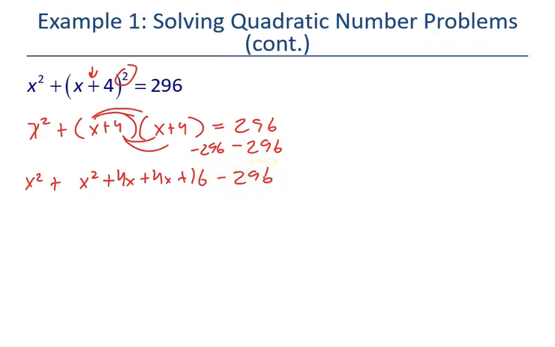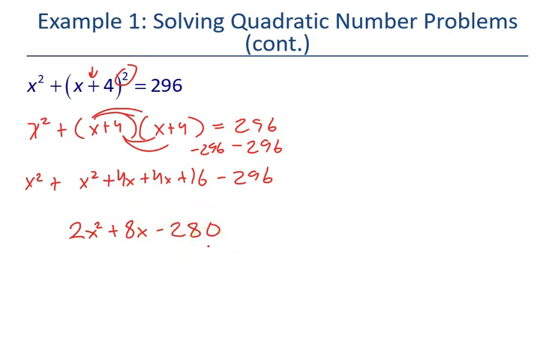Let's start combining like terms. Notice I have x squared here, that's going to give me 2x squared, and then I've got 2 x's here, and that's going to give me plus 8x, and then I have 16 minus 296, and that's going to give me minus 280.